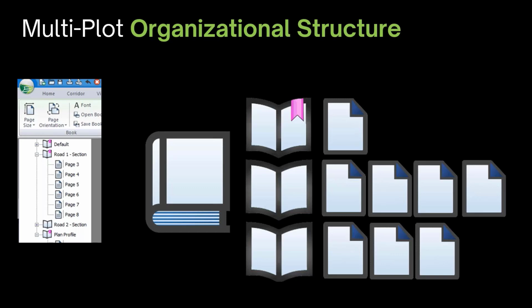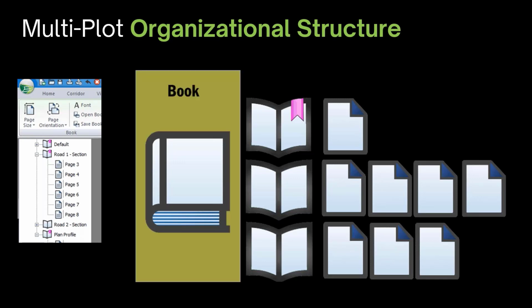Now, within version 11, which is coming out sometime in early 2024, you're able to have different alignments attached to different chapters. And if you look over here on the sidebar, you can see that Road 2 has its own section chapter included, for example.